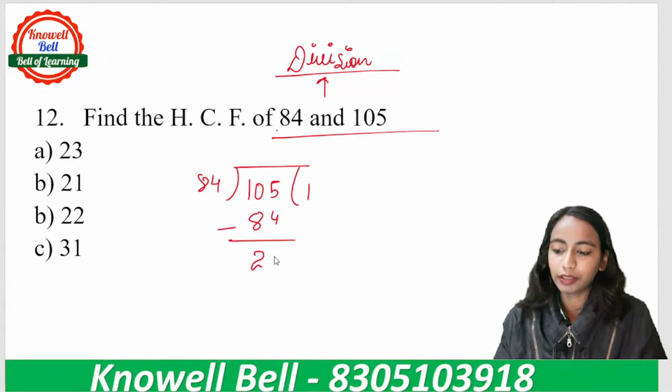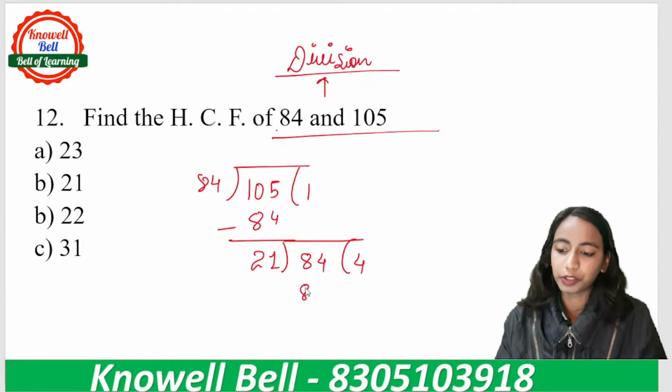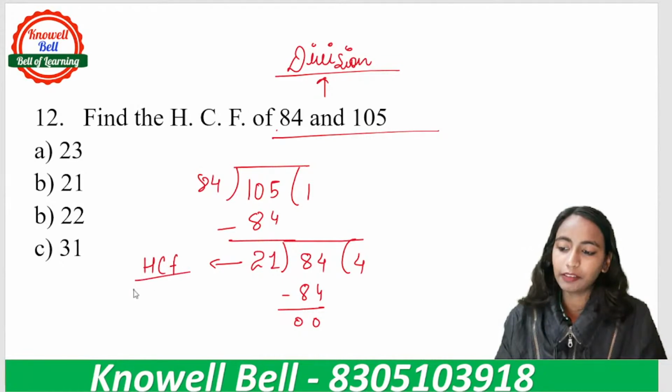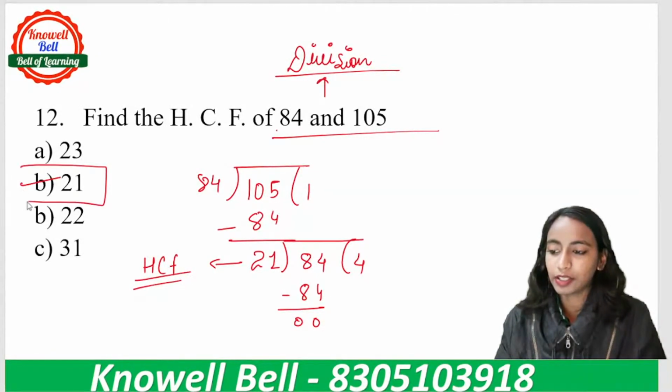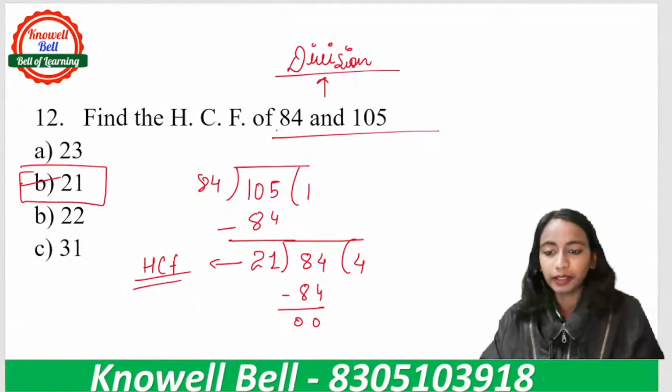We are left with 21. Then 84 again: 21 fours are 84, remainder 0. So our HCF will be 21. The value of the HCF is 21. So the right answer for the question is option B, 21.